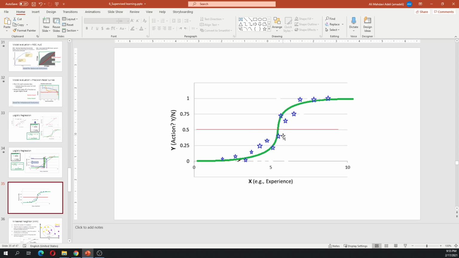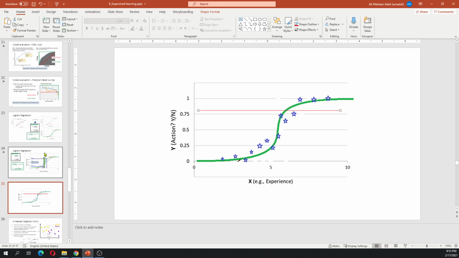But let's change it a little bit. Say the actual values of these three is 0. By using a 0.5 threshold, we would count them as positives, but they were actually negatives. If we were to change this threshold, say over here to 0.8, we would correctly assign them to the negative class, the 0 class.